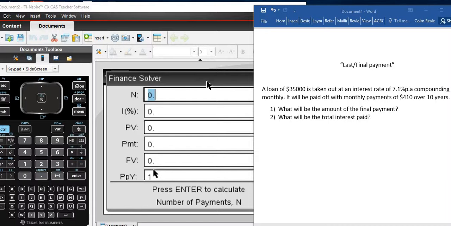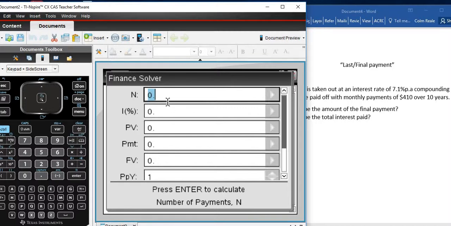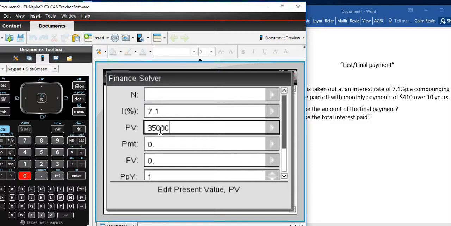So let's take a look at our finance solver. I'm going to leave one blank for a minute. I'm going to fill in my interest rate, which is 7.1%. We've got a loan of $35,000. That's a positive, because the bank is giving us that money.